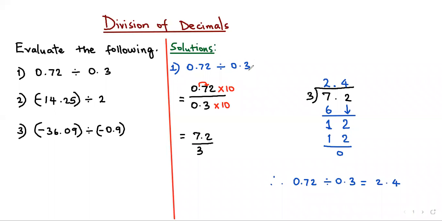So we were supposed to make this decimal become an integer. But now, for number 2, already our divisor is an integer. That is very good because it will make our work easier. So we will right away go to divide.